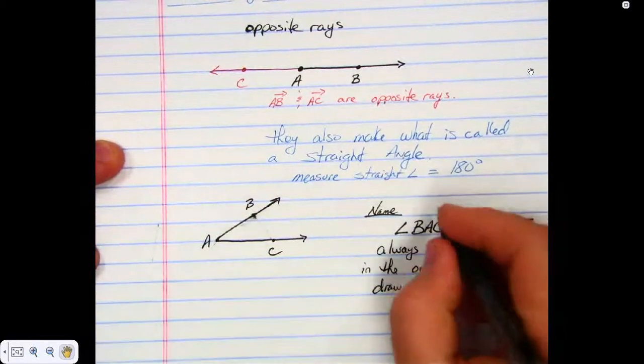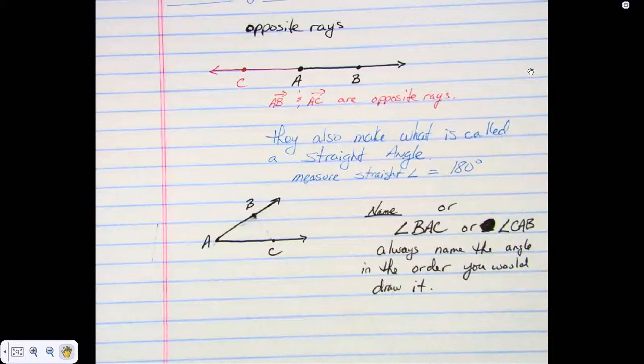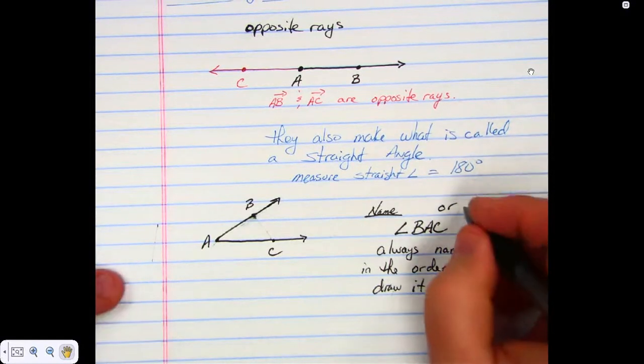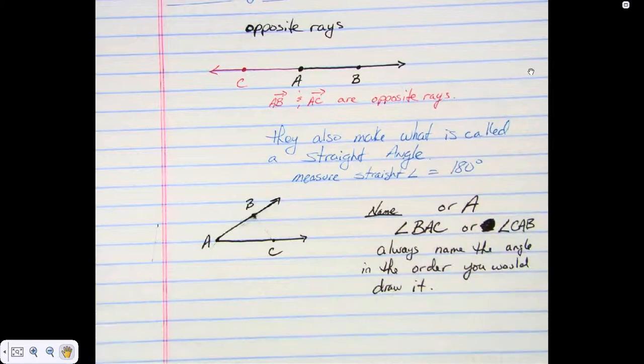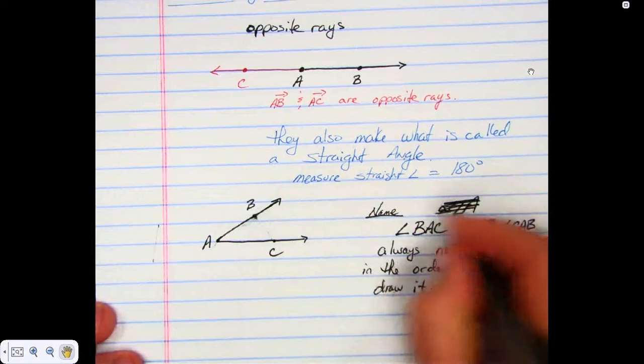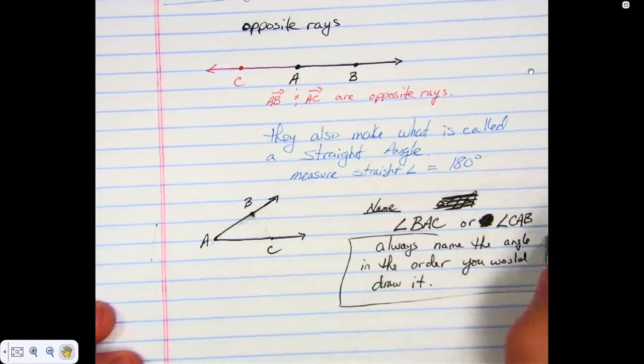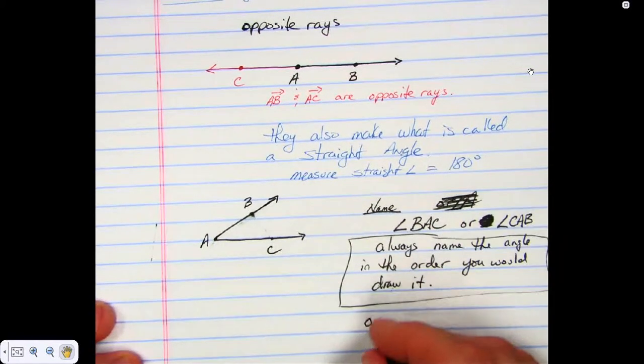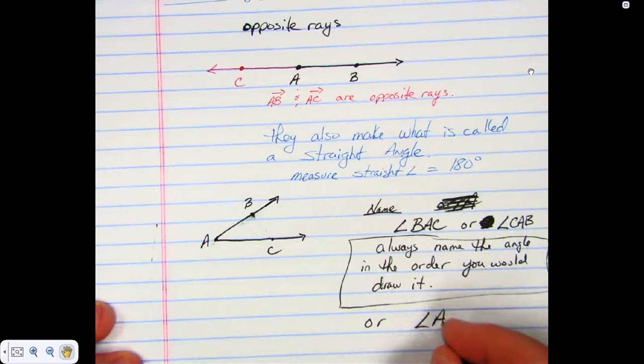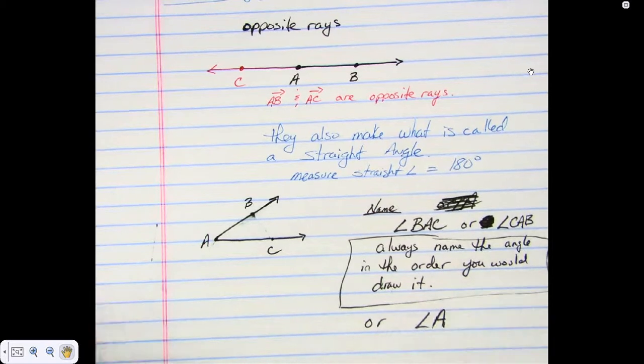There is another thing that you could call this one in this case only. In this case, you could call it just plain old angle A. Why only that one? That's a great question.